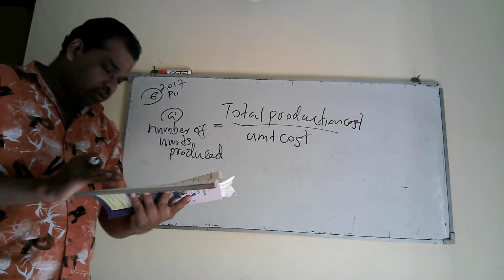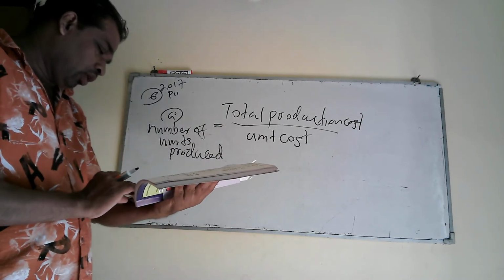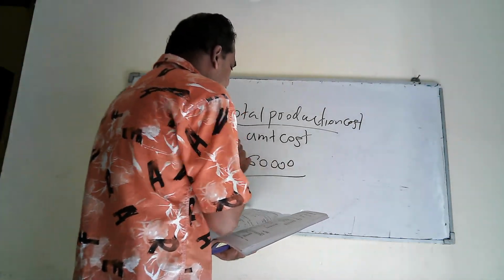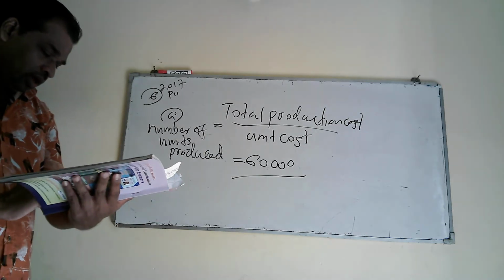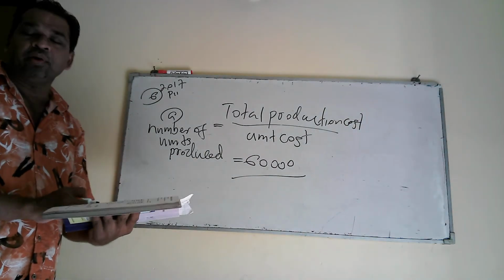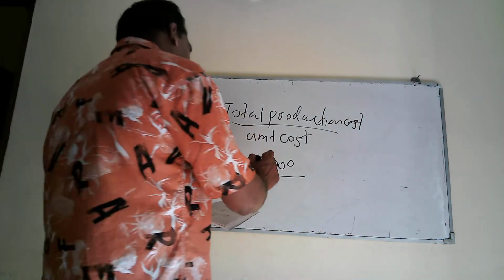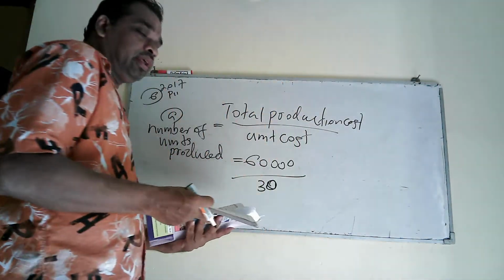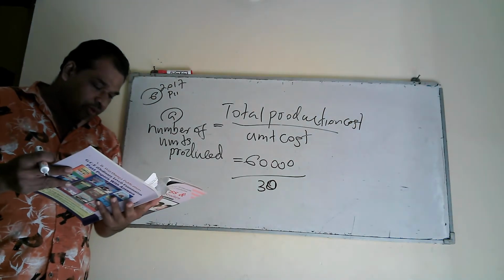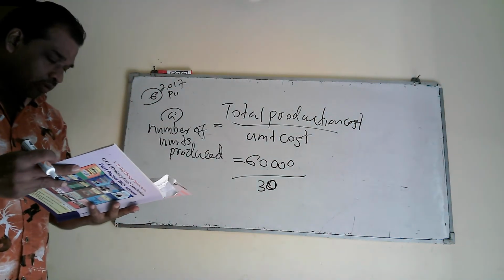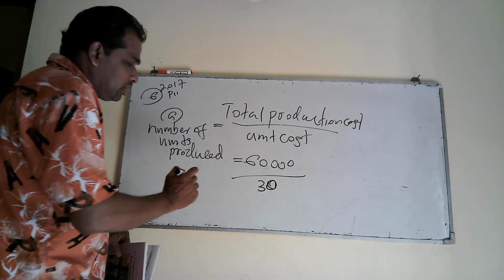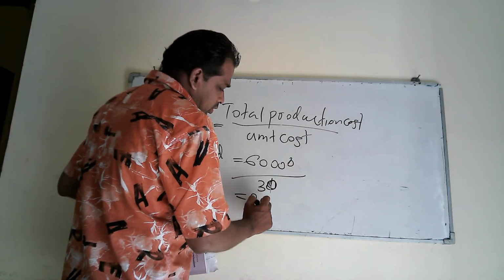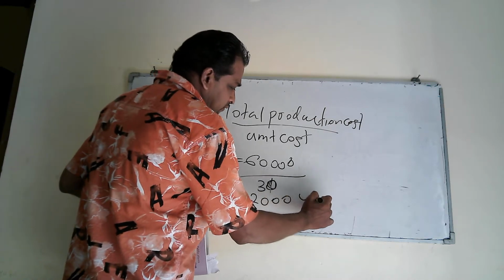Here we are given total production cost 60,000. We can apply the given value 60,000. Unit cost here, cost of a concrete block, is 30. We are given unit cost or average cost, that is 30 rupees. Now, it is 2,000 units.